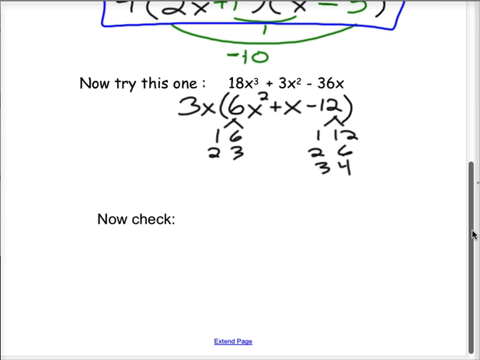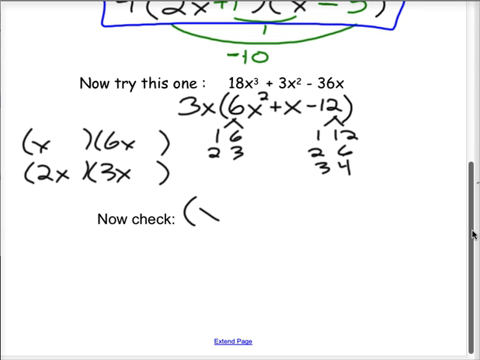So this time I have 2 separate structures to try. X and 6x, 2x and 3x. So, now again, this can take a little while. This one has a lot of options, but we're just going to have to grind through and see what we can do. I'm going to start with the x and 6x formation.